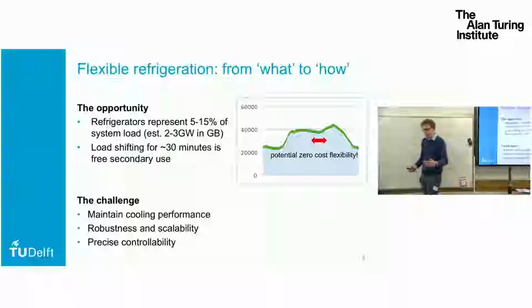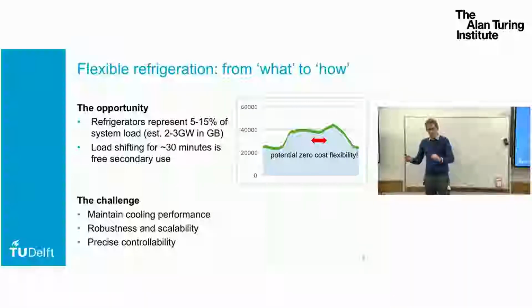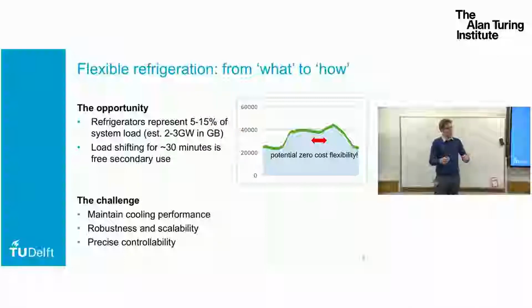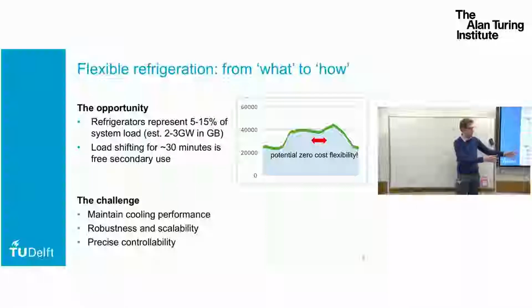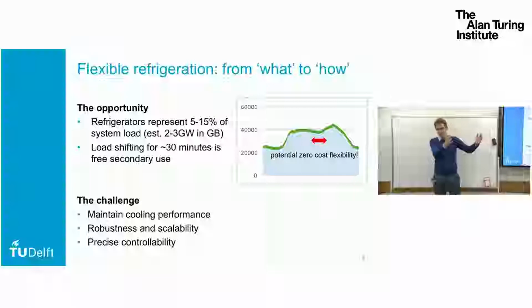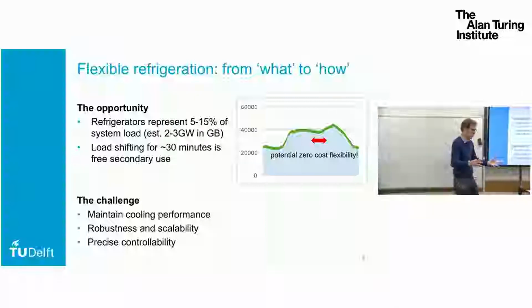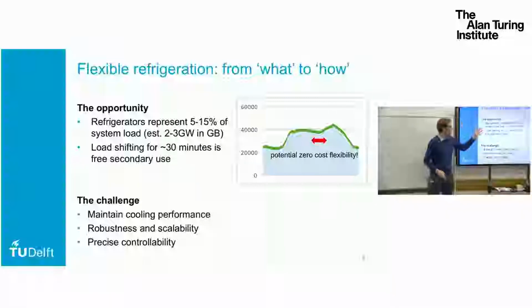One of the things you quickly realize if you do this in a hand-waving manner is that you quickly end up with solutions where you synchronize all fridges. You tell them, okay, all off the grid now, please pause. Then 15 minutes later, they all come back, because they get warm, and you get this huge swell of fridge power consumption. So that's a bad solution. It's easy to get bad solutions, so you want a good solution that you can control. That's our list of demands.